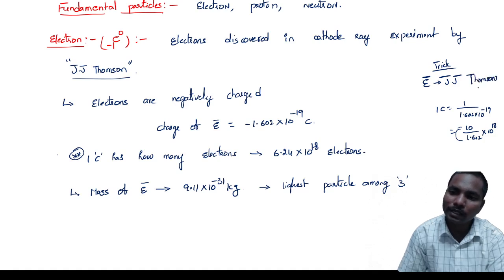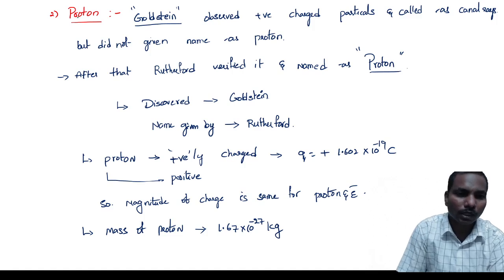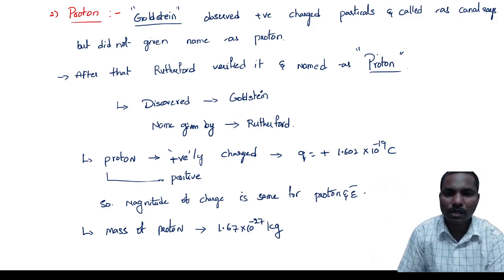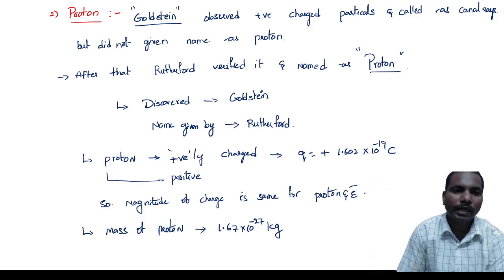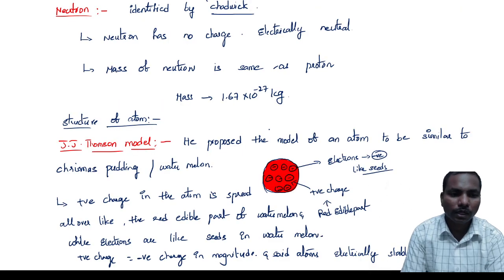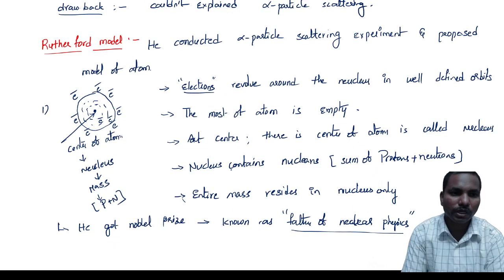So you can remember like that. P is for proton, P for positive. These are positive ions, and it has two discoverers: Goldstein, with the name given by Rutherford. Neutron. And the Christmas pudding or watermelon concept was proposed by J.J. Thomson. That is also important.